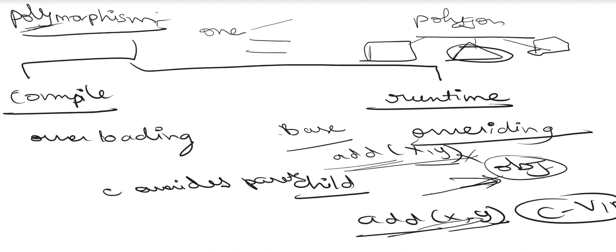So for add x comma y, it only considers the variable and method of the child class. It does not consider the variable and method of the base class. This is all regarding overriding, because the derived class overrides the base class. So this is all regarding polymorphism, overloading and overriding.